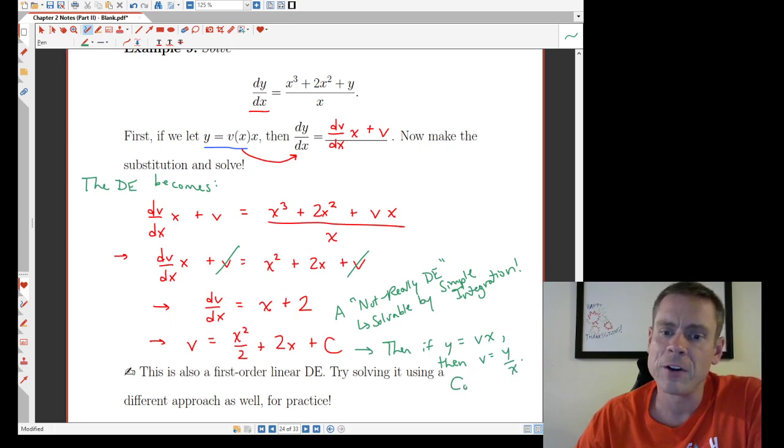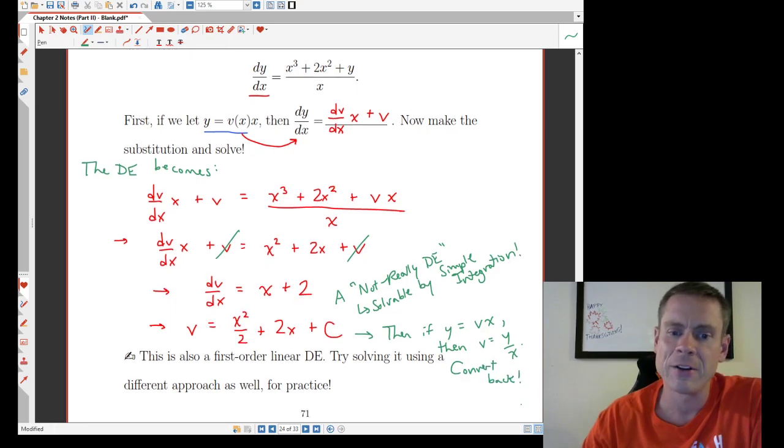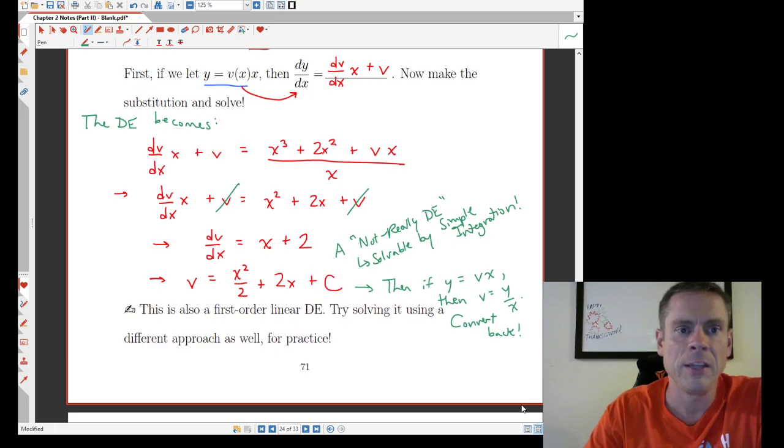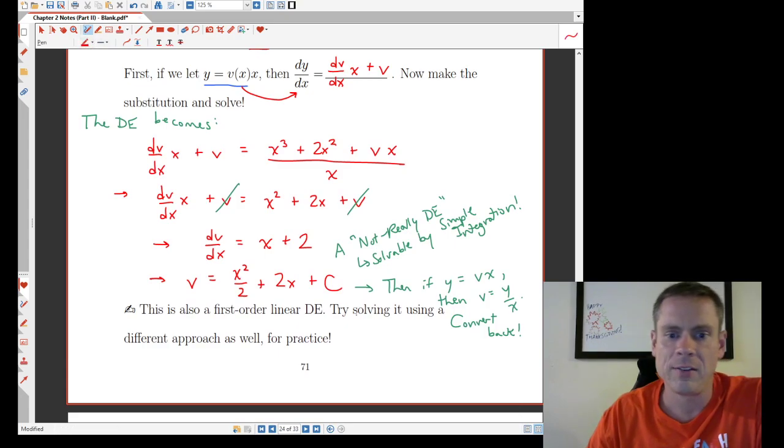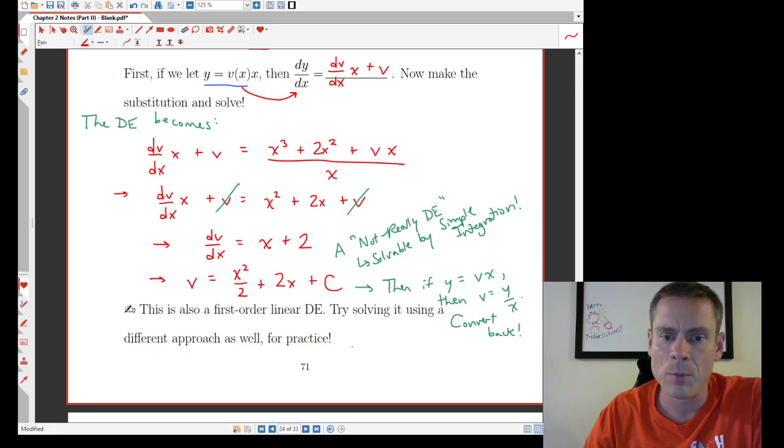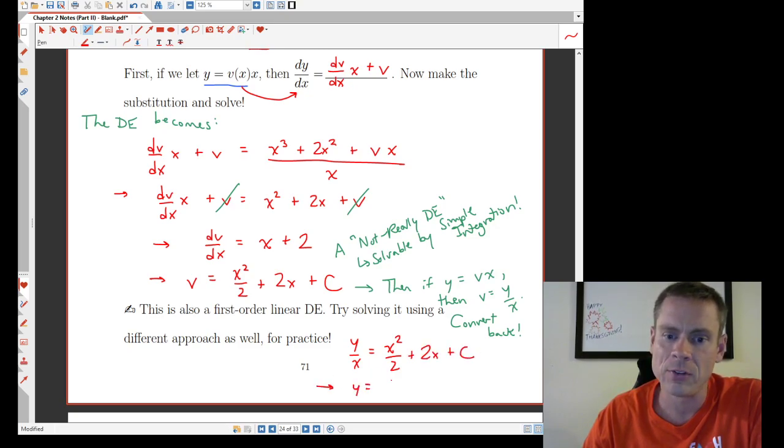So we're going to convert back. I guess my solution is going to kind of bleed down here a little bit, but you'll live. We get y over x equals x squared over 2 plus 2x plus c, or y equals x cubed over 2 plus 2x squared plus c times x. And that is going to form our general solution, right?